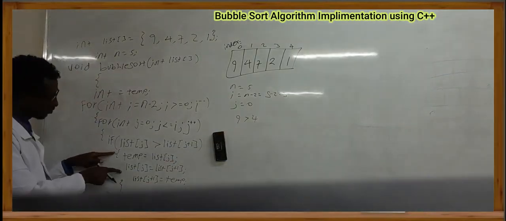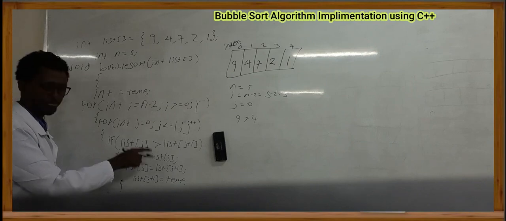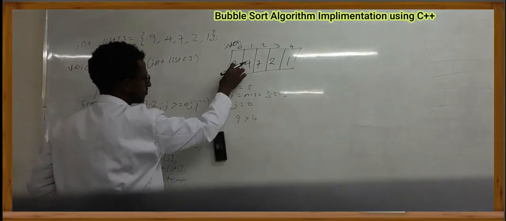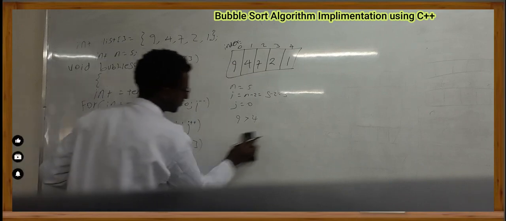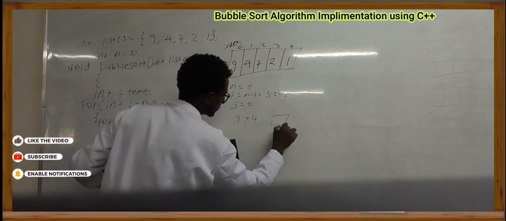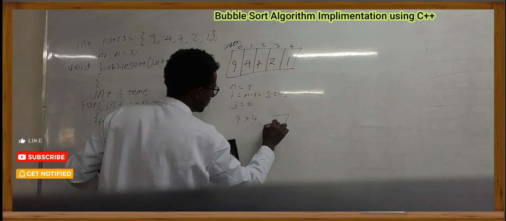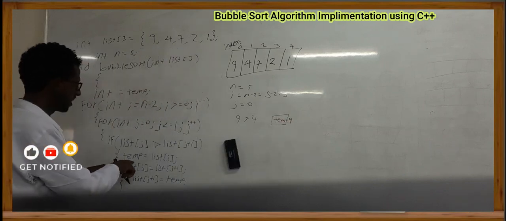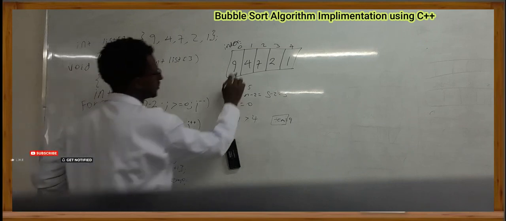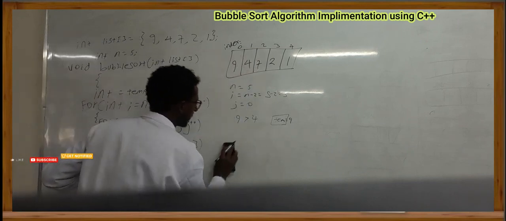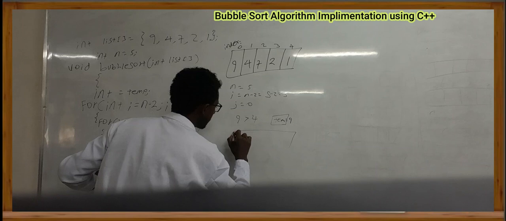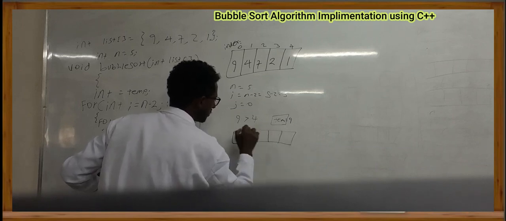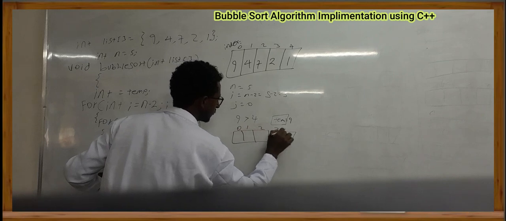In what way? In this way. Take the value of list of 0, that means 9, remove it from the list, and put it in a temporary variable, temp is equal to 9. List of j, the first cell, is empty, indexes 0, 1, 2, 3, 4.